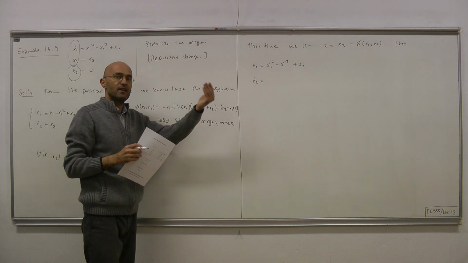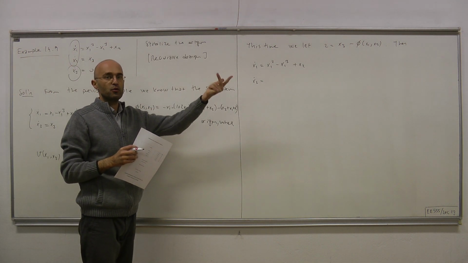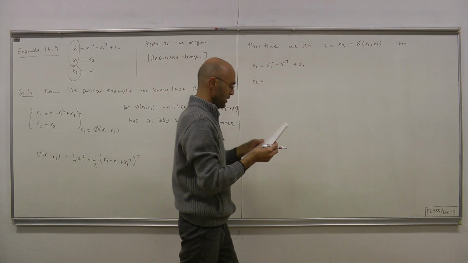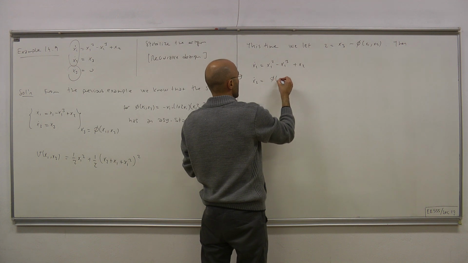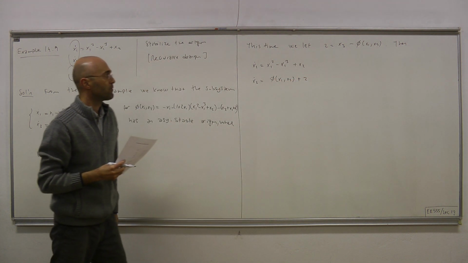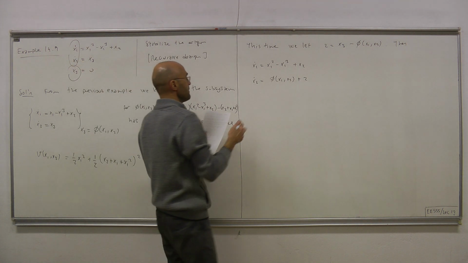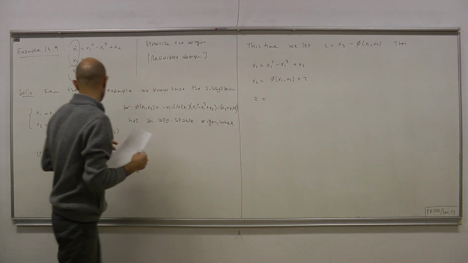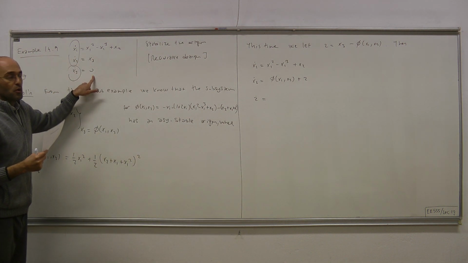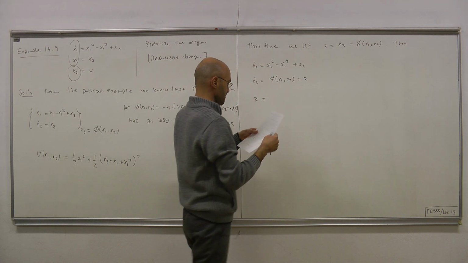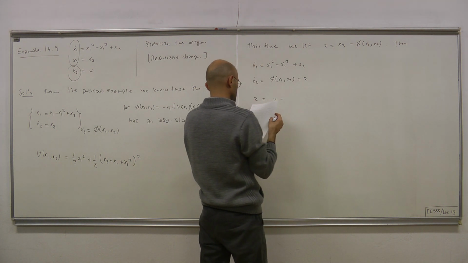Now we're writing everything in terms of x1, x2, and z, and x3 is z plus phi, so we have phi of x1, x2 plus z for x3. Finally, for z dot we have x3 dot, which is u minus phi dot.